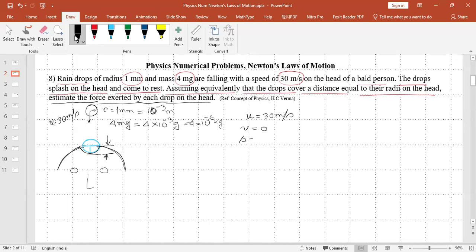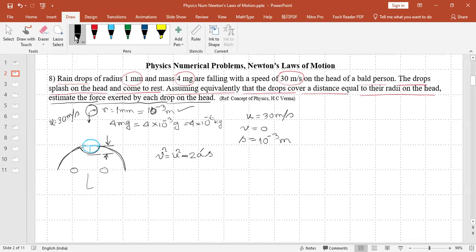So s is equal to radius, which is equal to 10 to the power minus 3 meter. Then we use the simple formula, v square equals u square minus 2 alpha s. Alpha is the acceleration of the raindrop. Here it is retardation of the raindrop, so it is negative.